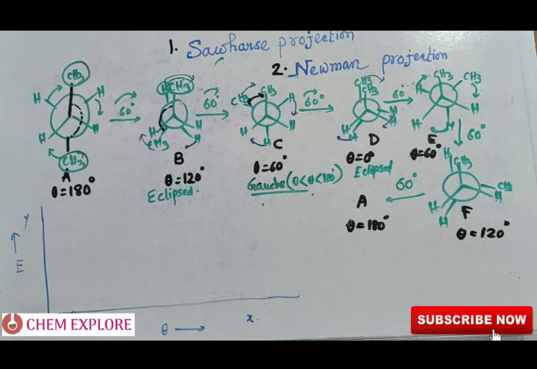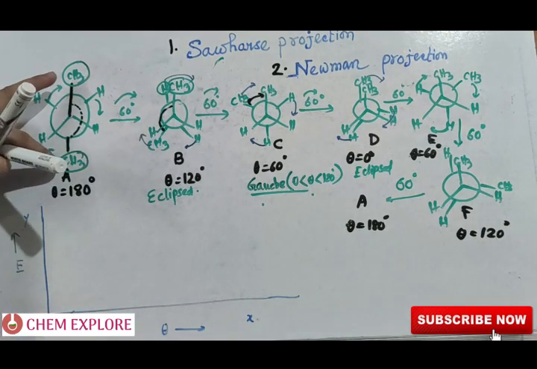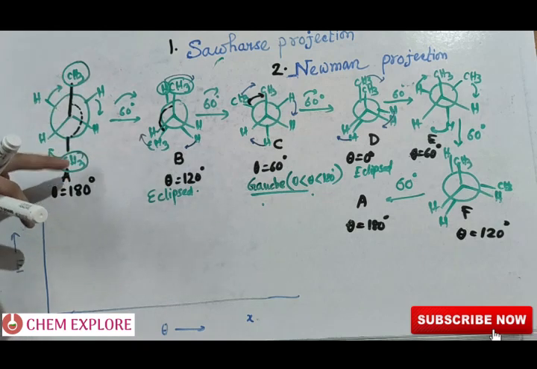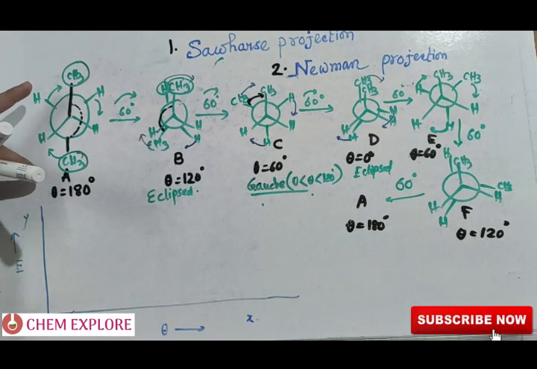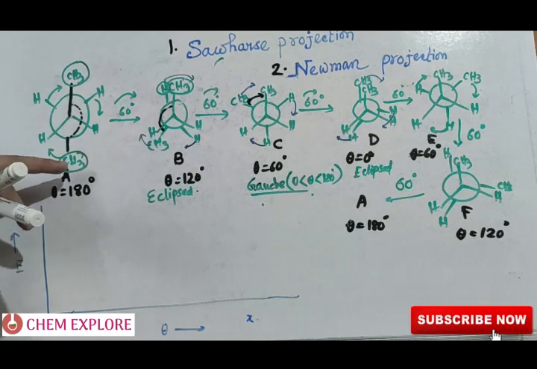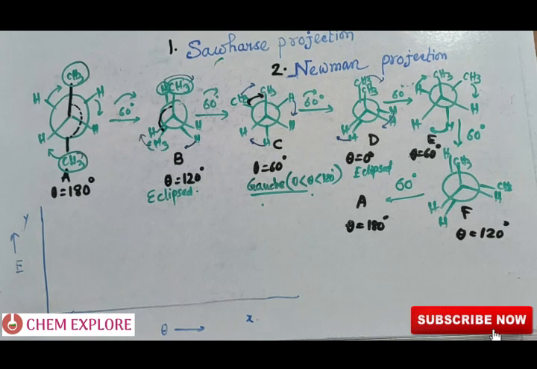Which one is the lowest energy? As you can see, these two methyl groups are anti or trans to each other. So this anti conformation is more stable because there is no repulsion between these two methyl groups. So we can say this is your zero energy, and this angle is 180.